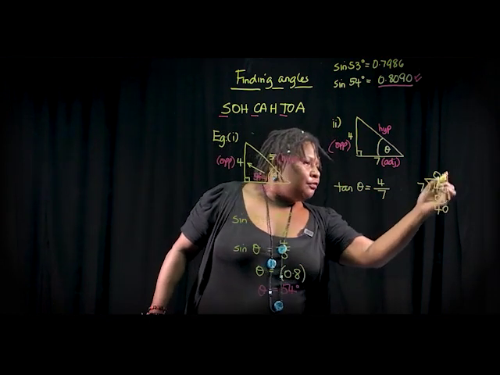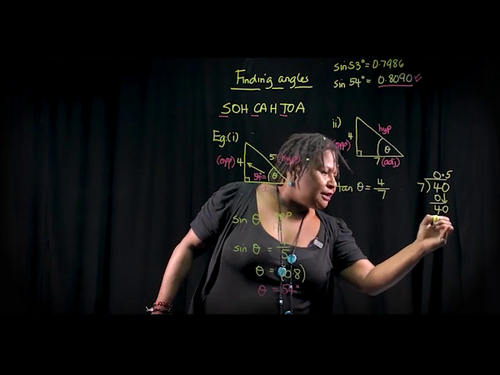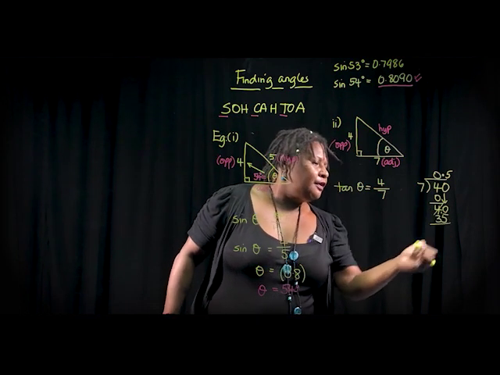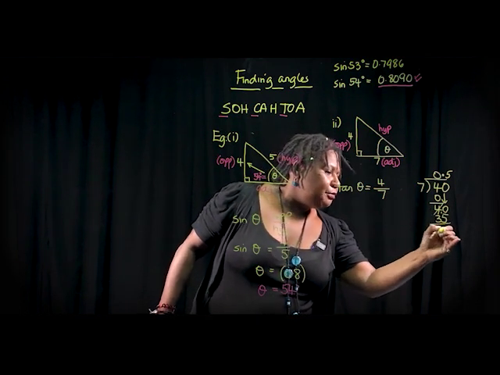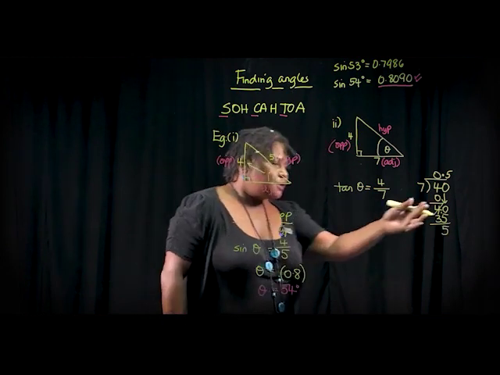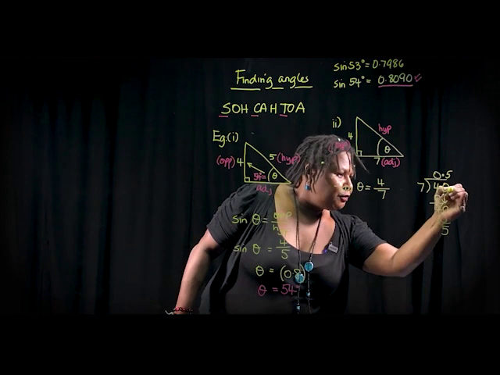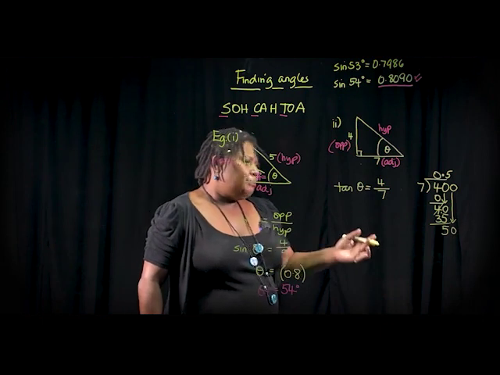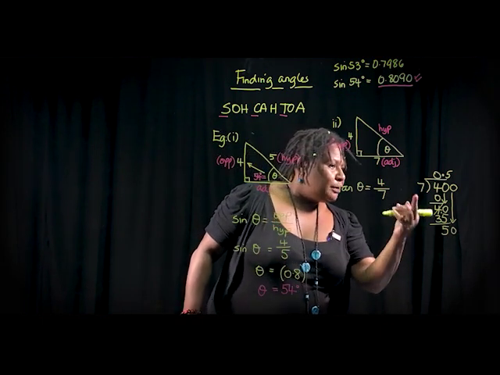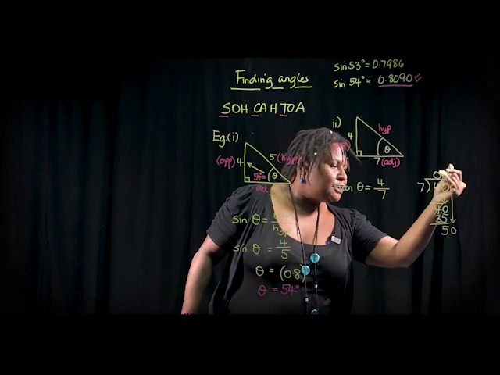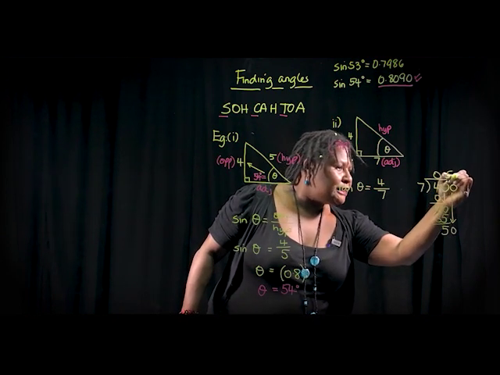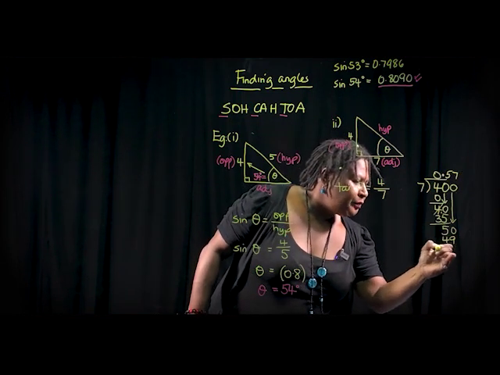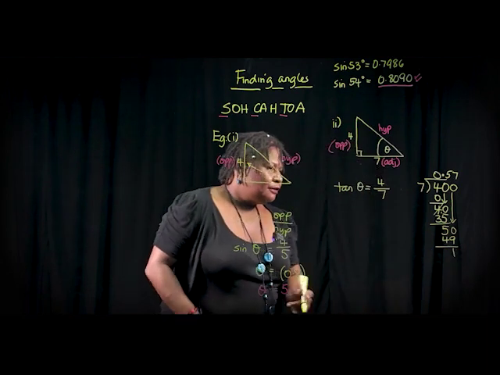Now, 5 multiplied by 7 will give us 35. Okay. Subtract, we have 5 remaining. Okay. And because 5 is smaller, we're going to have to add another 0 and bring it down here. Okay. Now what number can we multiply by 7 to give us a number closest to 50? That number is 7. Okay. So 7 times 7 is 49. We have 1 remaining.